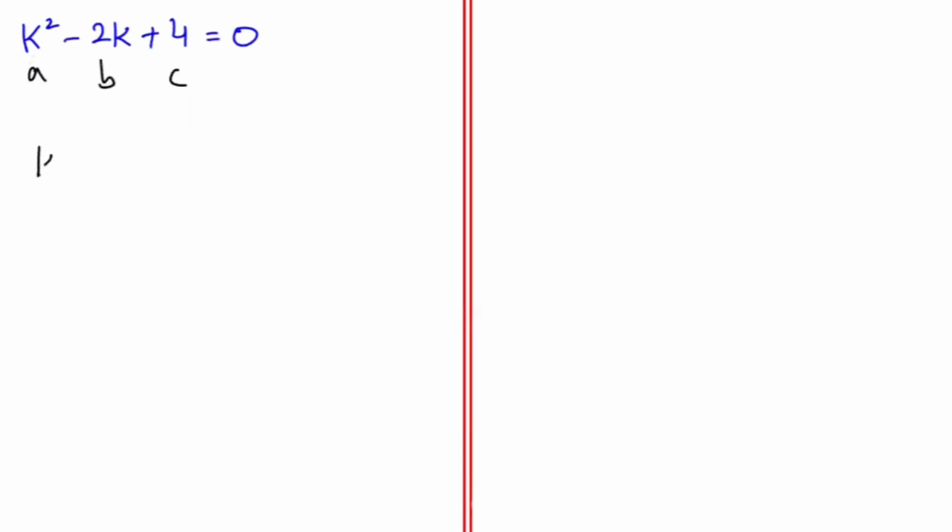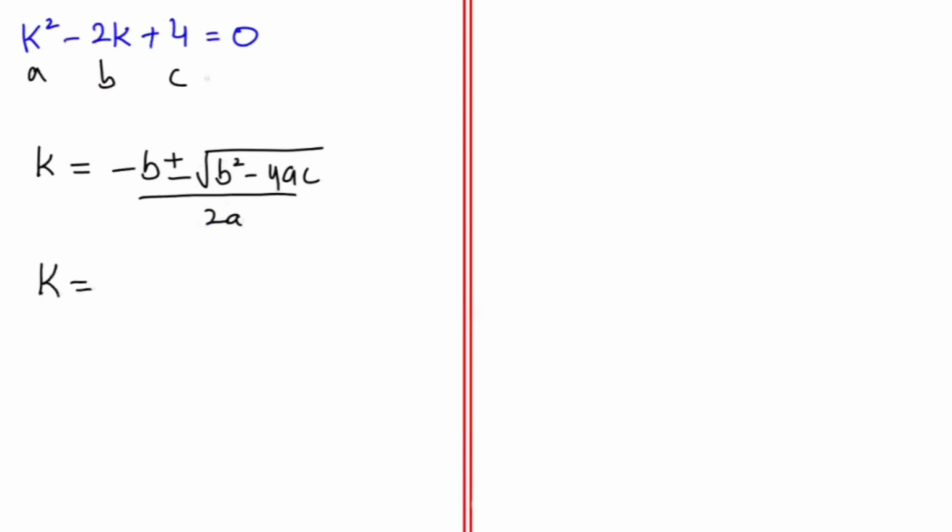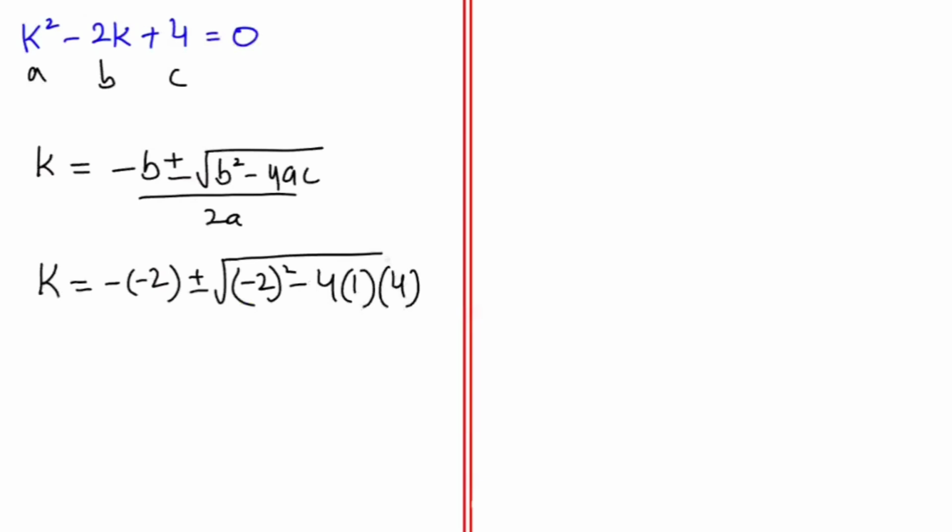And the formula we have is k is equal to minus b plus minus root b square minus 4ac over 2a. k is equal to the b value we have, that is negative 2, plus minus root of negative 2 whole to the power of 2, minus 4 times 1 times 4, over 2 times 1.